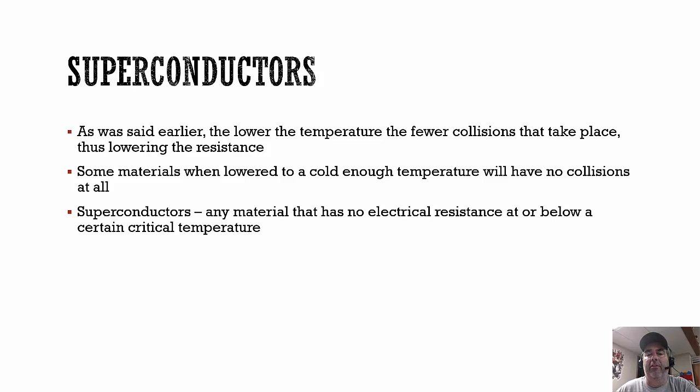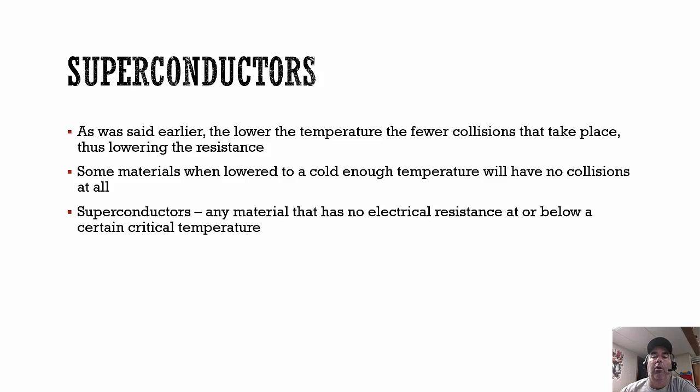It's just any material that has no electrical resistance at or below a certain critical temperature. As we said, superconductors have no electrical resistance at or below a certain critical temperature. If it's found that, say, a material becomes a superconductor at -250 and those particles stop moving, what you'll also find out then is at -255 degrees Celsius, it is still going to be a superconductor.